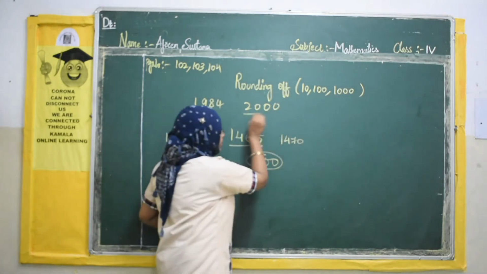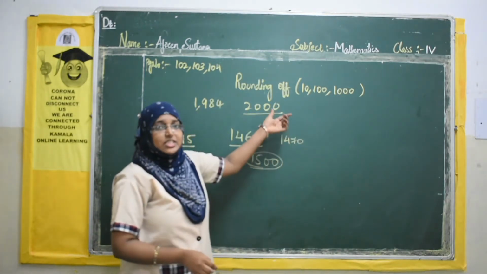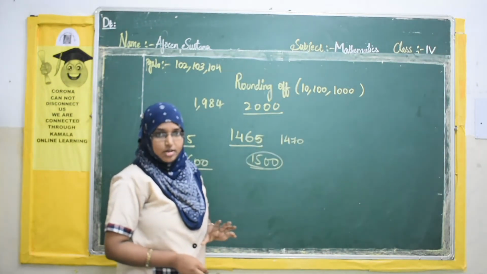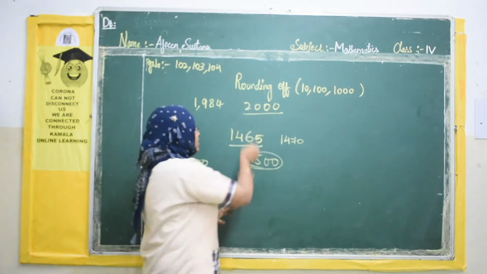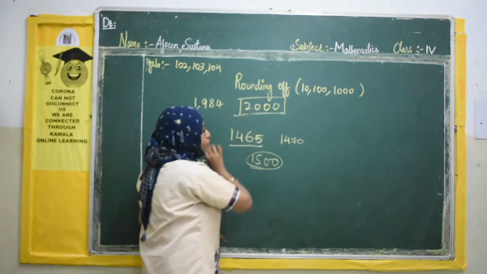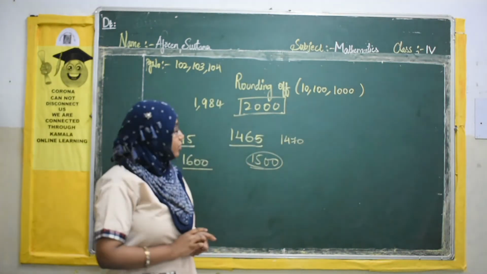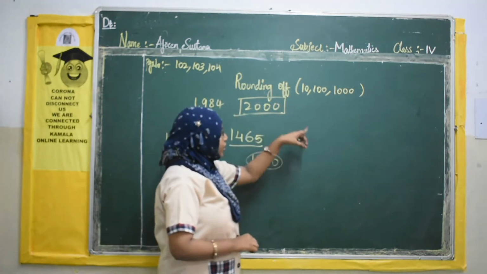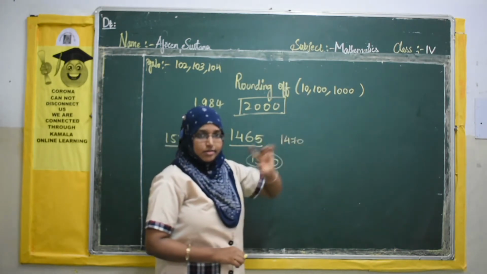Is this a correct number? No, this is just an estimated, approximated number. This is not the exact number. This is a rounded figure. That is what we call rounding off. Now in rounding off, we will see 10, 100 and 1000.